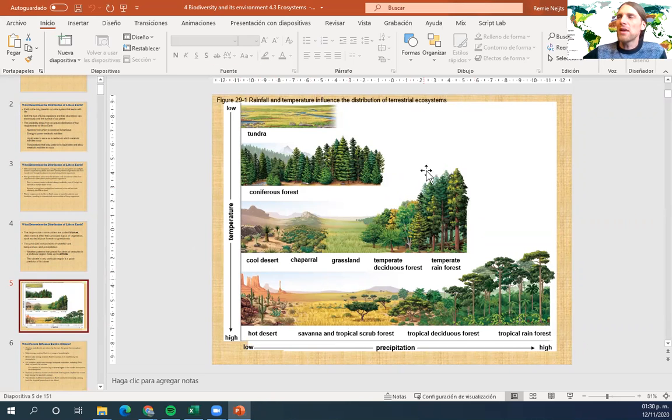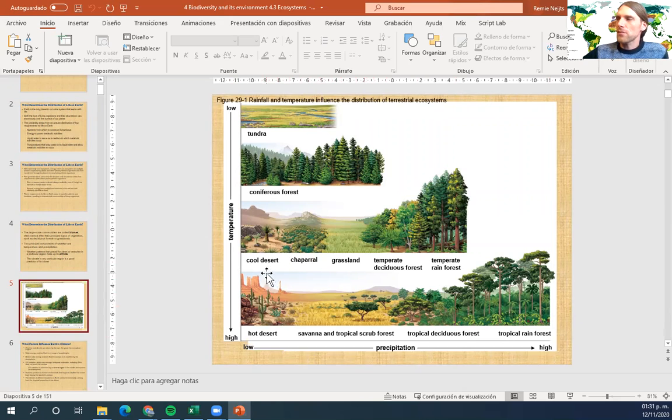So this is a very interesting graph to take into account, because here you have all the different kinds of ecosystems, and if you look at the temperature line, you see the lower the temperature is, the fewer trees you have. As it gets a bit hotter, you get pine forest, it becomes hotter, and you get a cold desert, and if it becomes high, you get hot desert. This is because of the precipitation on the other axis.